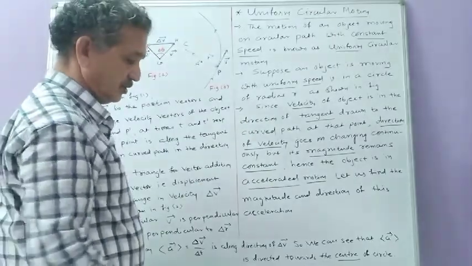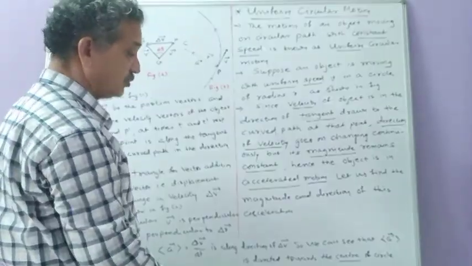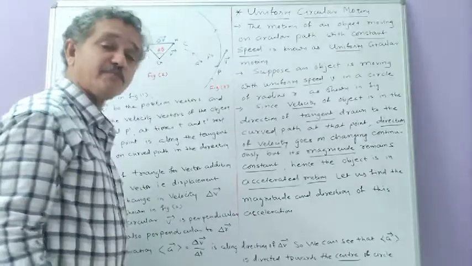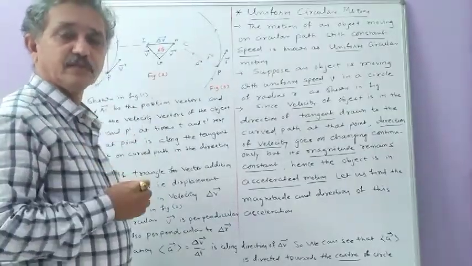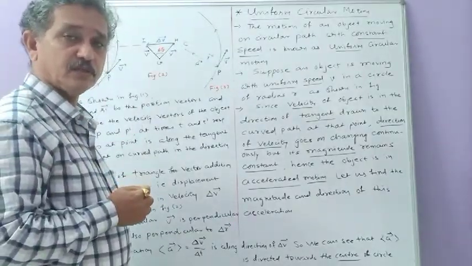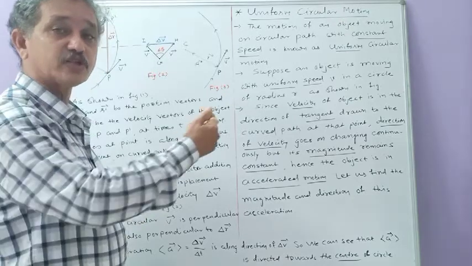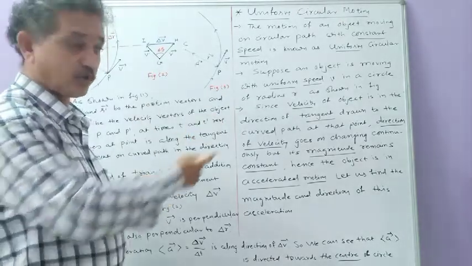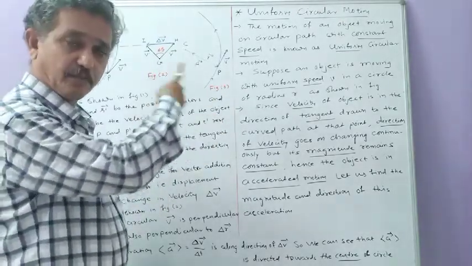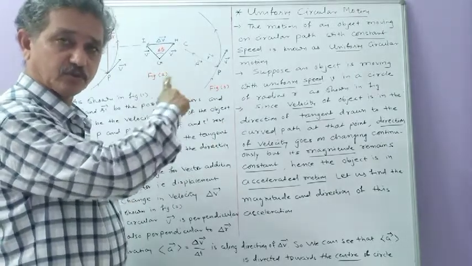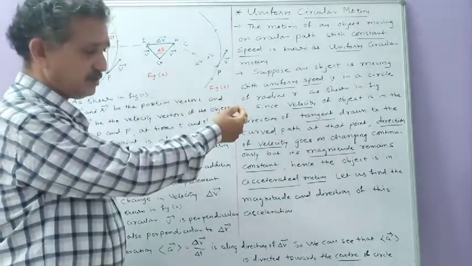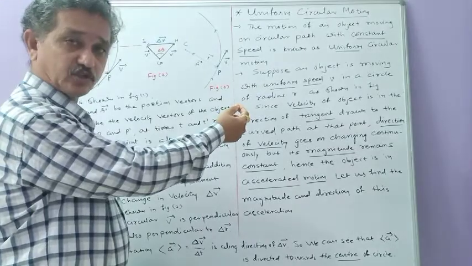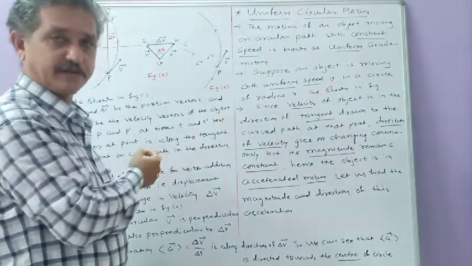For uniform circular motion, the acceleration is centripetal acceleration. Centripetal means center seeking. From every point of the path of circular motion, the direction of acceleration is towards the center.